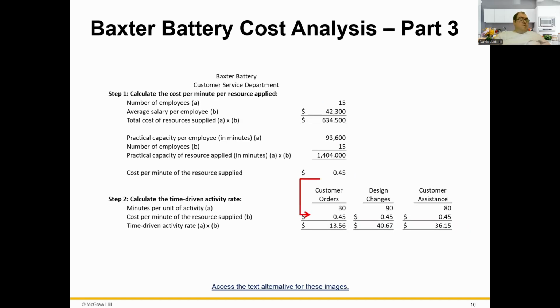So the next step is to calculate the time-driven activity rate for each of the 3 activities by multiplying the minutes per unit of the activity by the cost per minute.